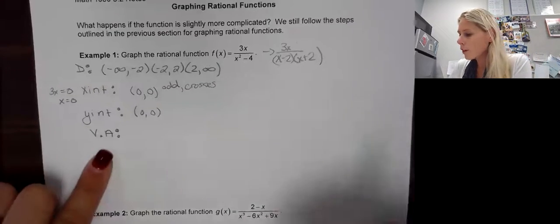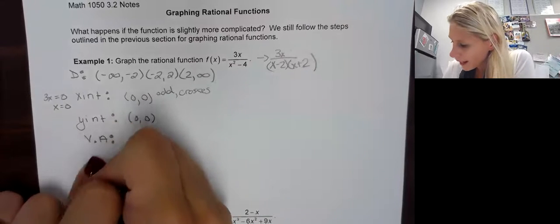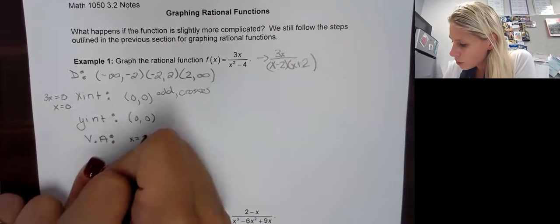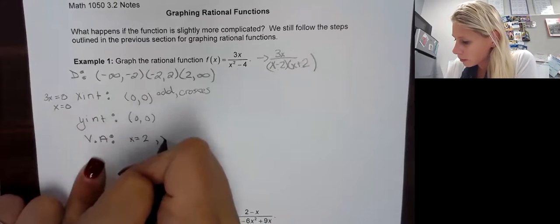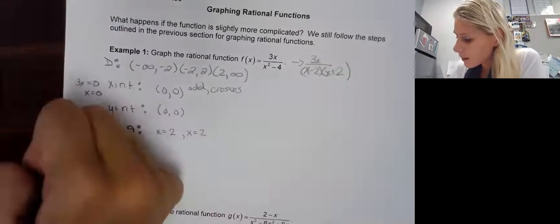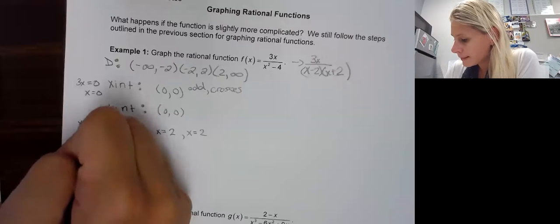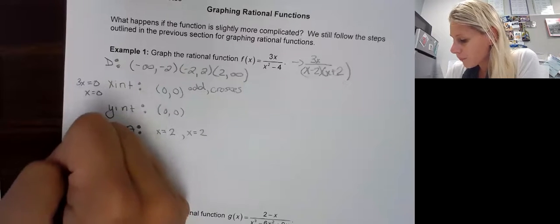So we have vertical asymptotes at x equals 2 and x equals negative 2. If you're wondering how I got that, I take each piece of the denominator and set it equal to 0 and solve.